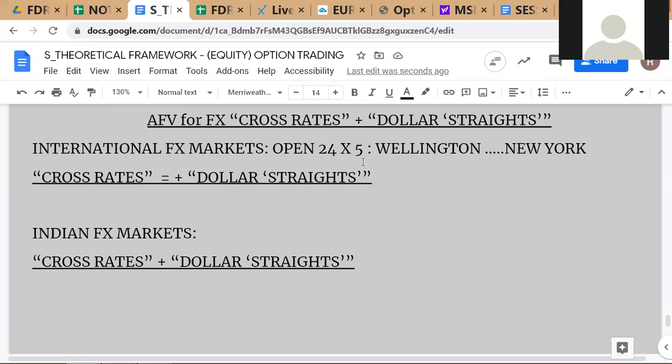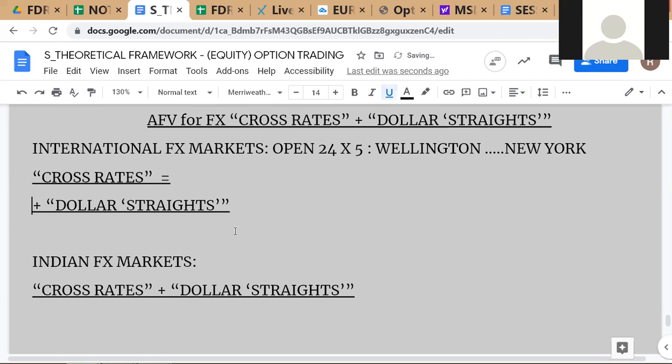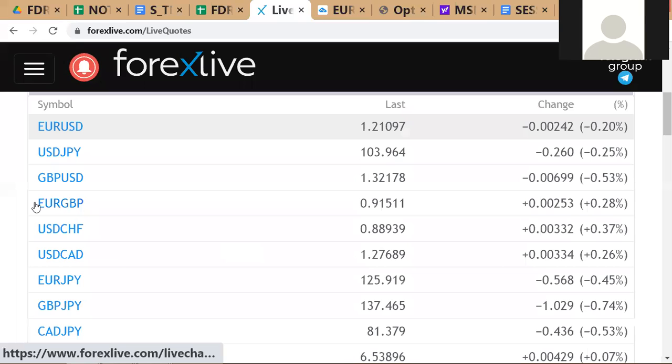So in the international FX markets you have cross rates. What is a cross rate? Remember FX pairs. Remember how we have defined market: a venue for exchanging two assets for one another.